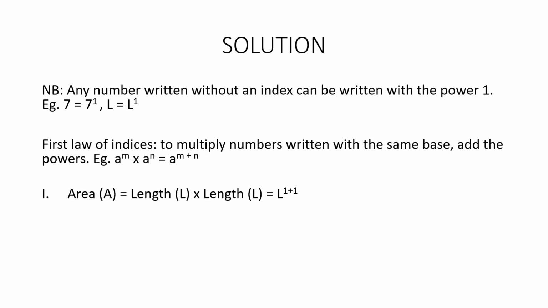The first principle we started with said if a number is written without an index, then it can be written with the power 1. So length, having the symbol L, has no power, so it can be written as L to the power 1 times L to the power 1. Because of the common base, we write only one of them, L raised to the power 1 plus 1.